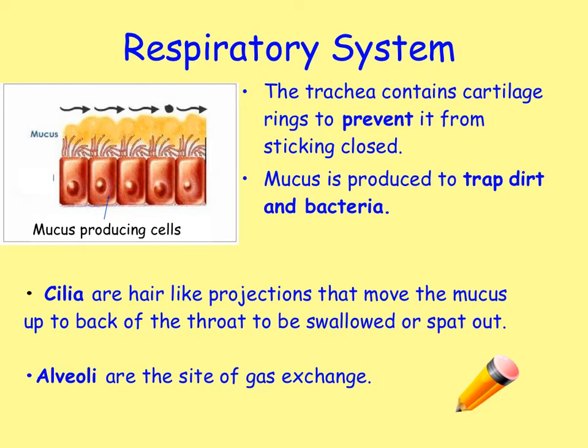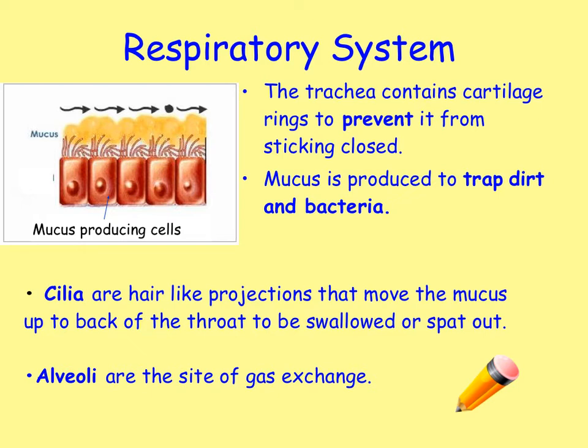Now along the trachea, I've already said that there are rings to prevent it from closing. But there are also cells that produce mucus, and this mucus will trap any dirt or bacteria that are coming down the trachea.